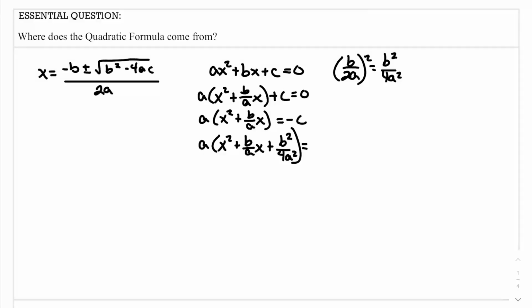And we want to add that to both sides. But we have to take into account the fact that there's this a here. So we can't just add b squared over 4a squared. We have to multiply by our a, so that becomes b squared over 4a.